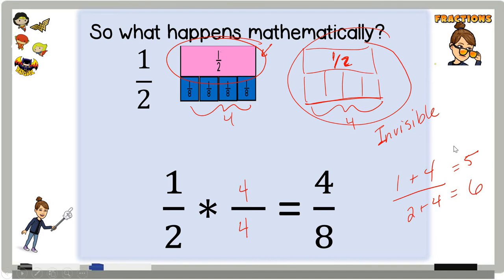So looking at it, there's my fraction bar. Would that give me an equivalent fraction? Would 5/6 be the same thing as 1/2? Well, we know 5 out of 6 is more than half. So we know 5/6 is not the same thing as saying 1/2. They are not equivalent.